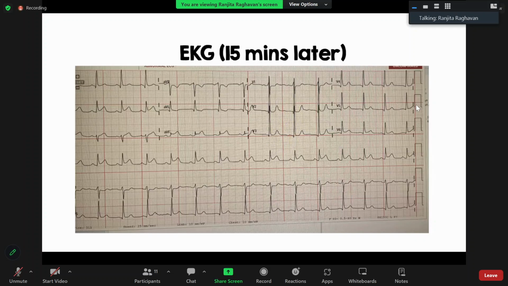I called a code STEMI on that first EKG when I saw him in triage, and he went to the back and got this EKG before he got to the cath lab. They took him to the cath lab within 30 minutes and put in 2 stents in the left circumflex area. So these are his real EKGs.